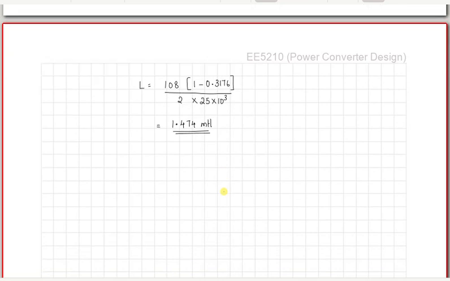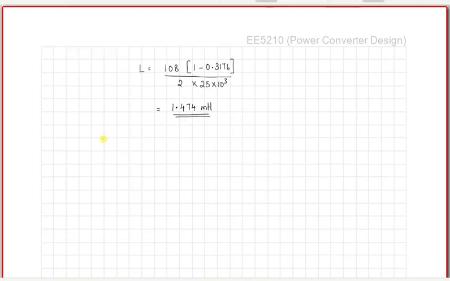Having defined the value of L, now we have to look at what value of C will restrict the voltage ripple to the specified value of 1 volt peak to peak. So let us look at the capacitor current waveform. We have already seen what the capacitor current waveform is going to be like.